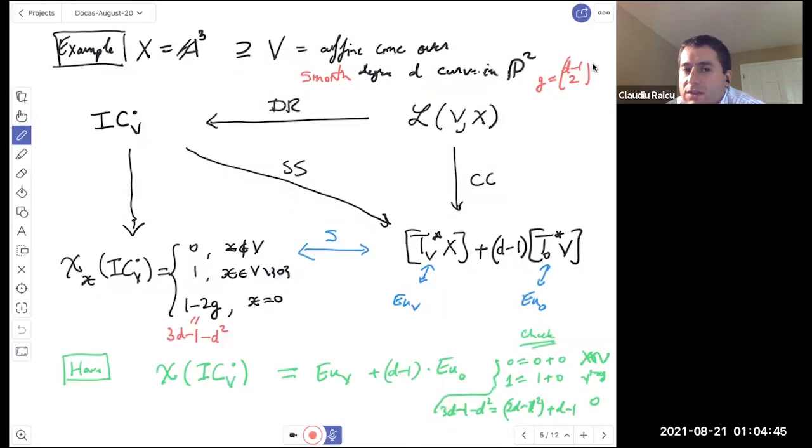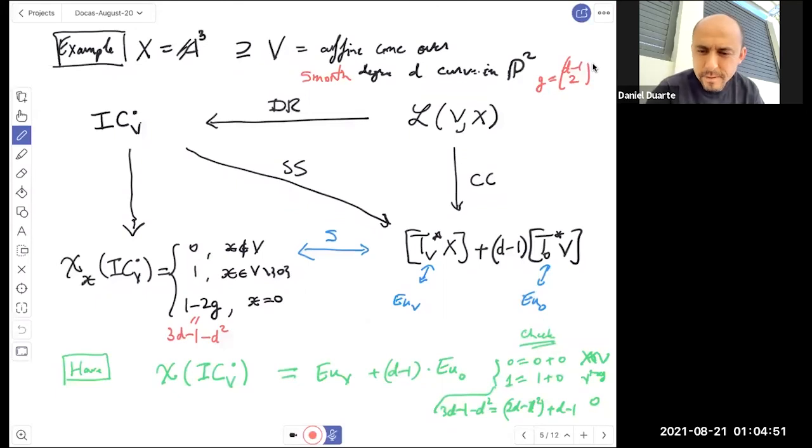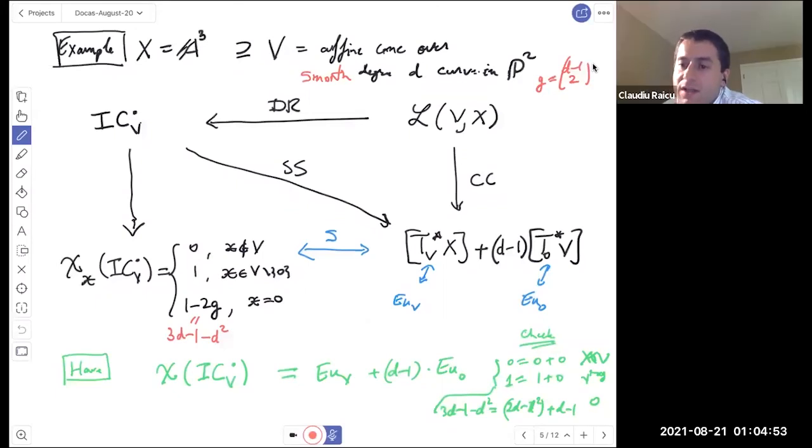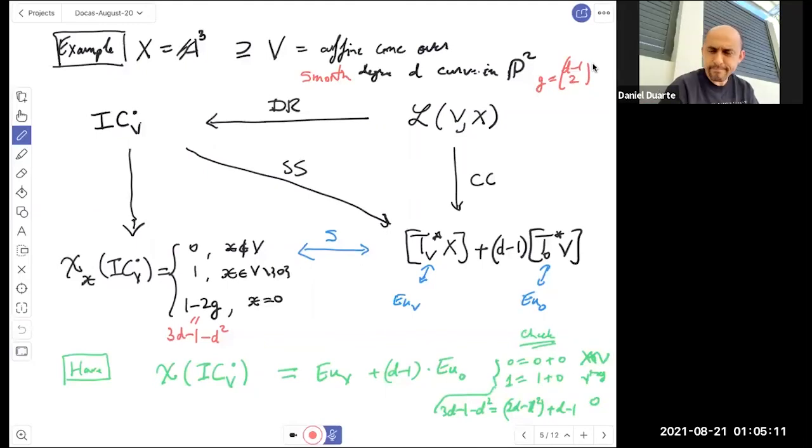So the original definition of MacPherson is using the Nash blowup. Well, it's a question whether you can run all these arguments by starting with the original definition. It's certainly not something we use. Okay, thank you.